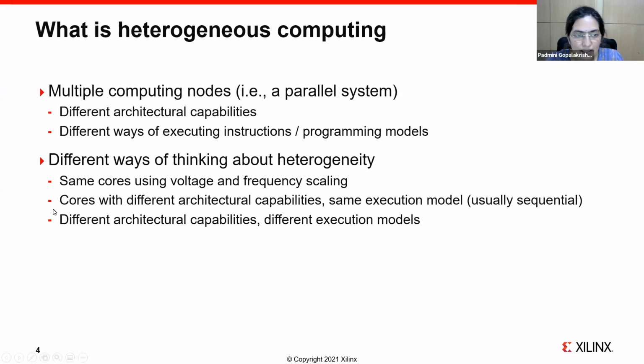Right? The other way of thinking about heterogeneity is where you have cores with different architectural capabilities, but the same execution model. So this is typically a situation in which you would have cores that run sequential programming models. So a very good example of this is where you have a CPU and a GPU working together. So both inherently work on a sequential programming model, but they are tuned to do very different things well.